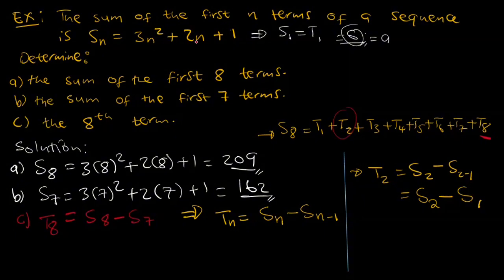Put 1 there. I already know the value of S1, which is 6, and then I'll be able to get T2.